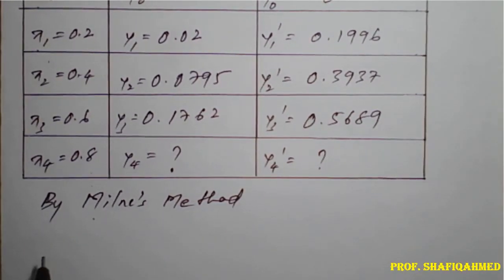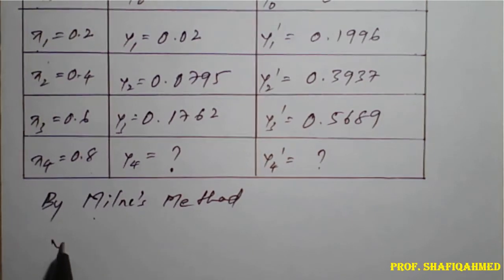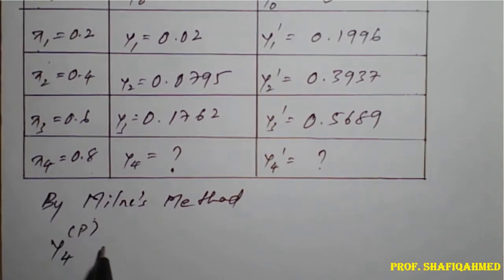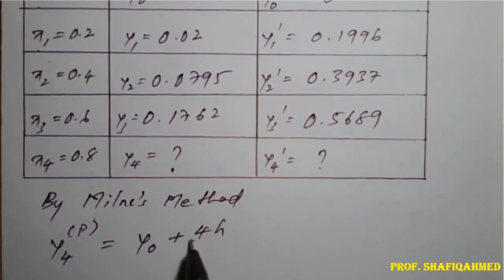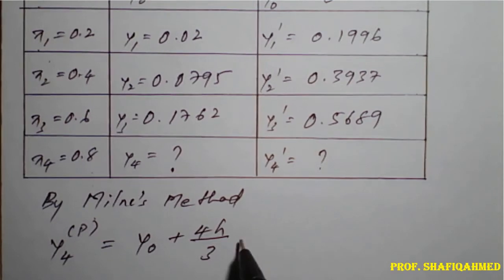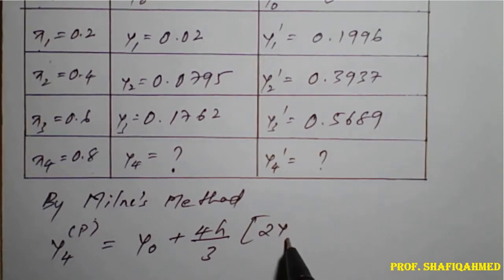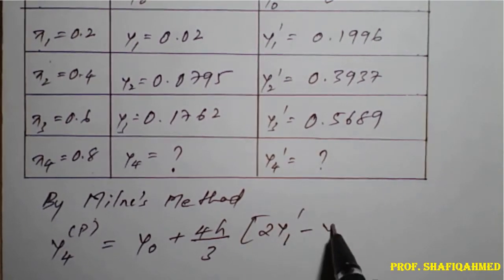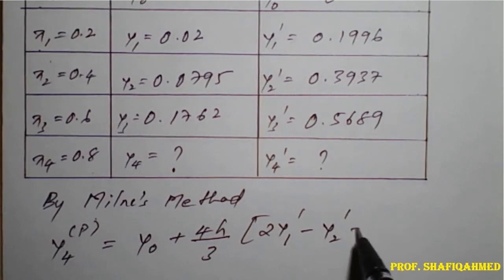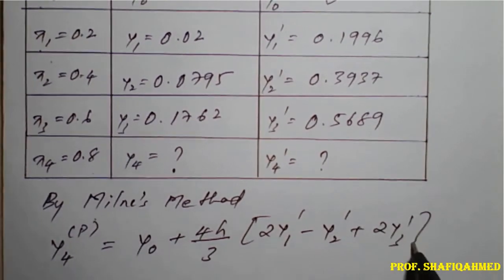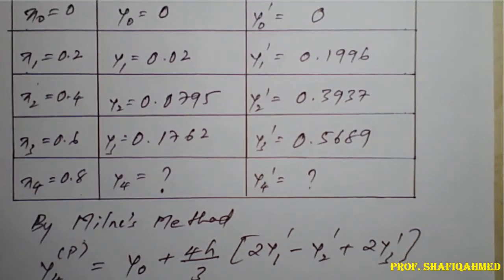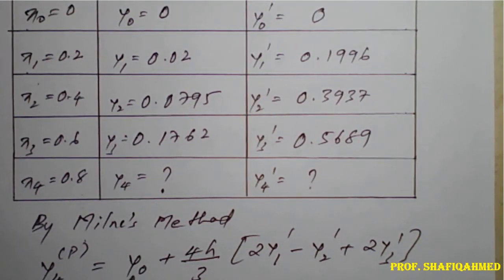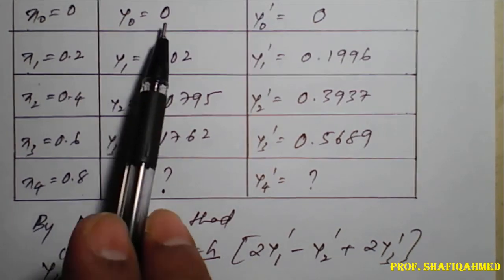So first we'll apply the y4 of p formula. So y4 of p is given by y0 plus 4h upon 3 bracket 2y1 dash minus y2 dash plus 2y3 dash. So this is the predictor formula, and we'll apply the respective values. Here y0 value from the table is 0.